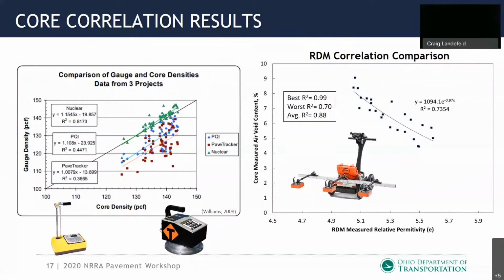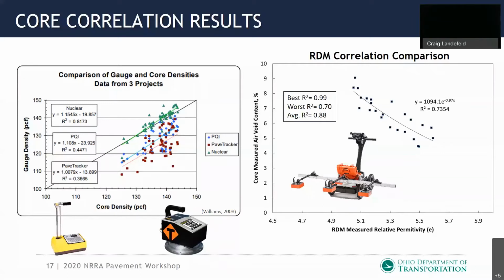Dr. Sargan and some of our research found slightly different coefficients. We actually got the PQI meter when calibrated with cores to about a 0.59 R-squared value on our research project. And that is one of the units that we allow for some of our density acceptance under our gauge acceptance specification in Ohio.